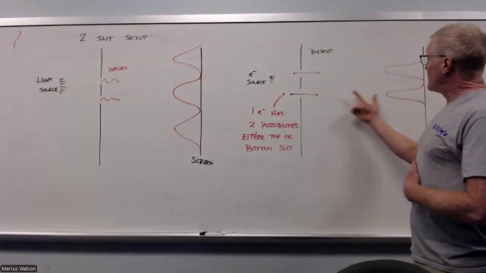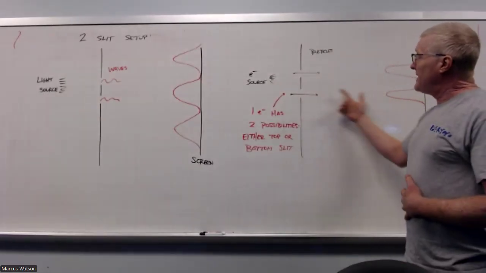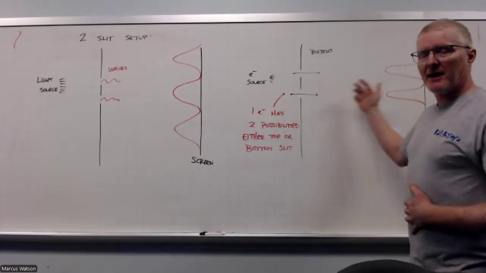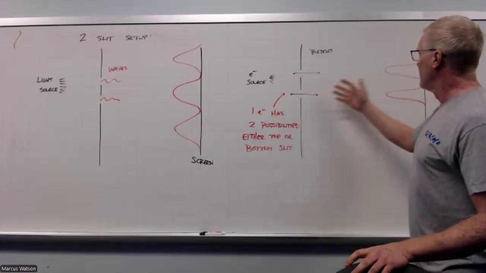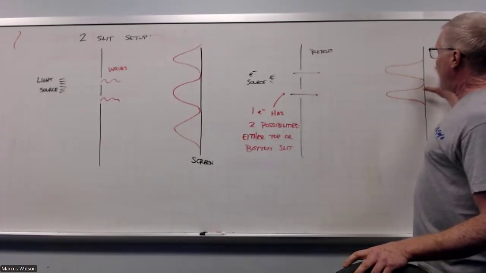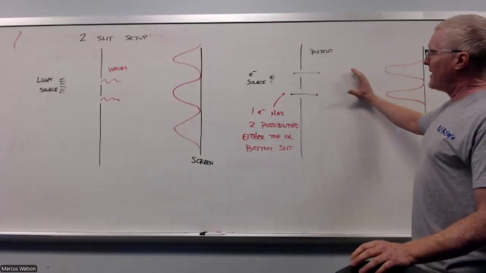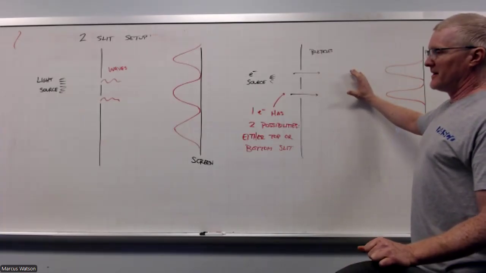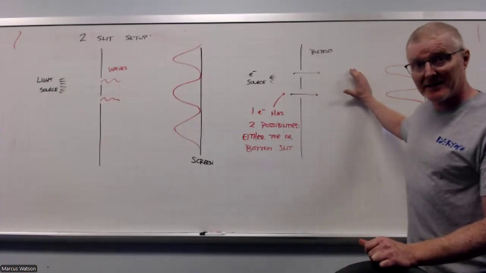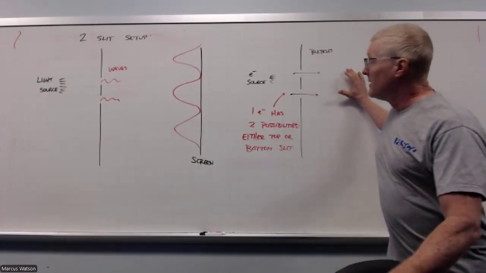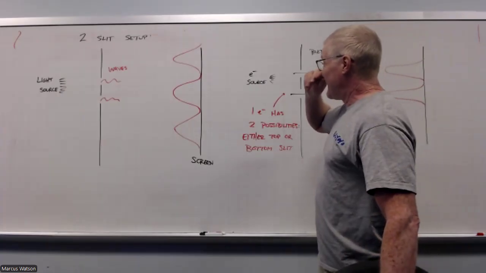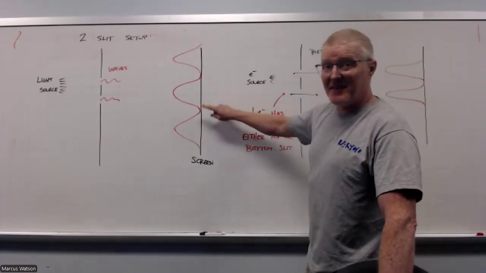The second thing I notice is that with repeated shootings, I start to get a pattern. But the pattern is a set of all these bright dots. The bright dots eventually, in fact, give me this pattern.